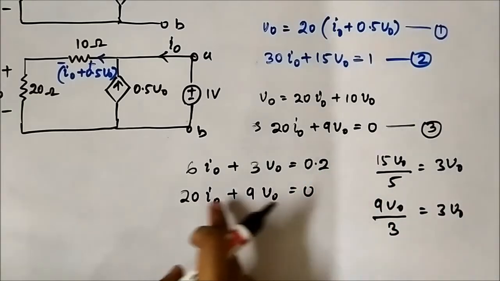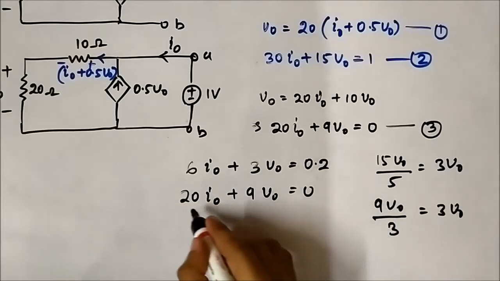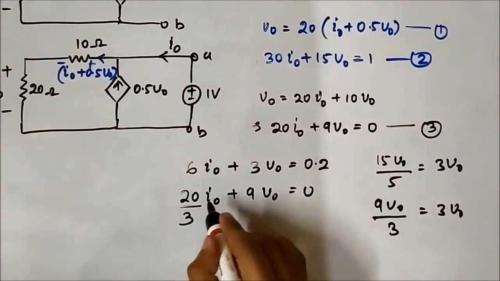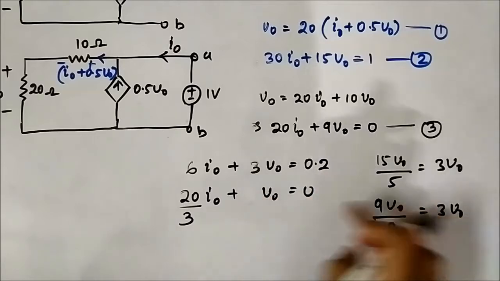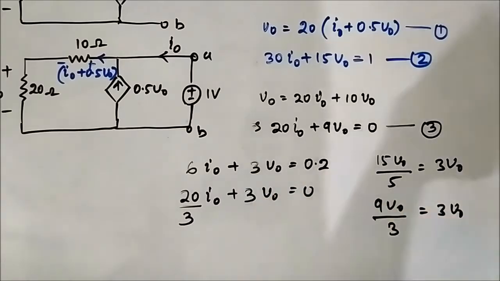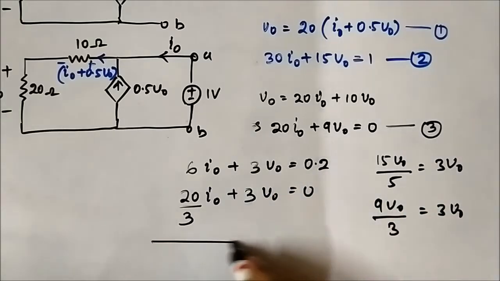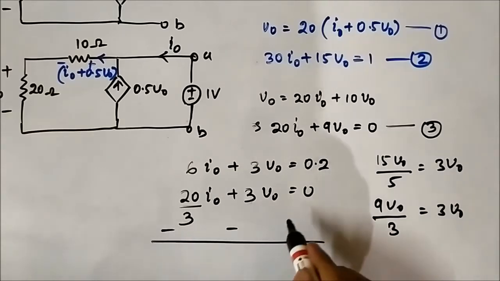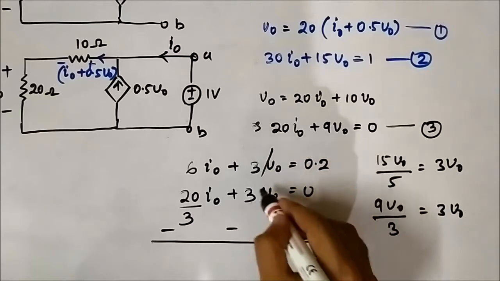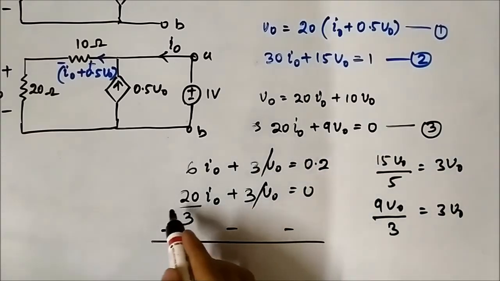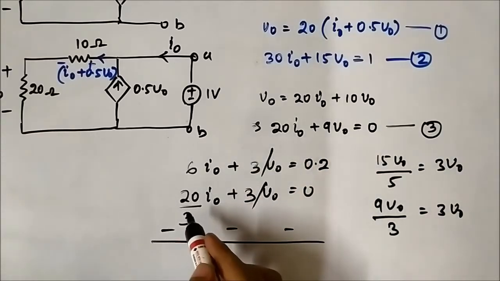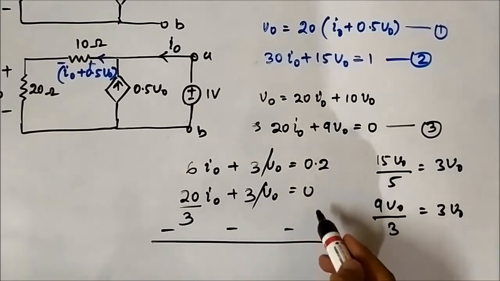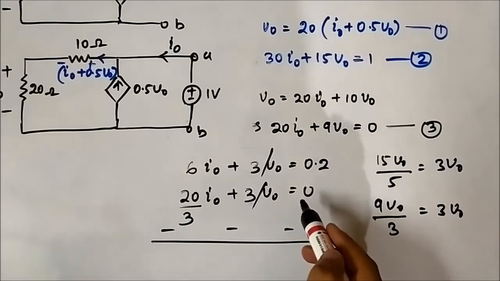Now this one we are going to divide by 3, so this will become 20 by 3 I0, this will become 3 V0, and this will stay as 0. Now we have to subtract them. So the V0 terms get cancelled, and this will be 6 I0 minus 20 by 3 I0 is equal to 0.2.